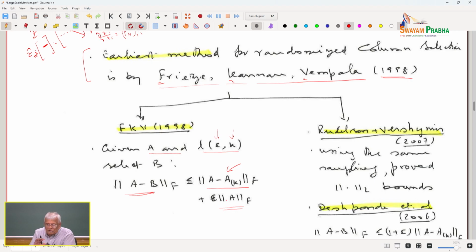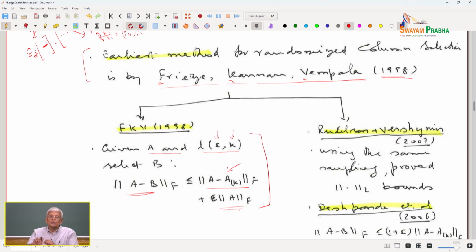Once the importance of the randomized approach using random projection was recognized, people started working on various classes of algorithm. One is selection based, another is projection based. The selection based column selection using importance sampling based on the square of the norm of the columns of A is due to FKV 1998. So they proved this classic result.